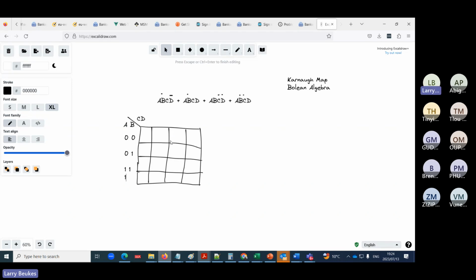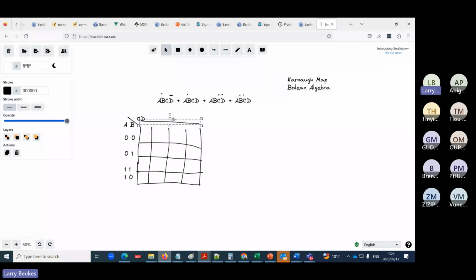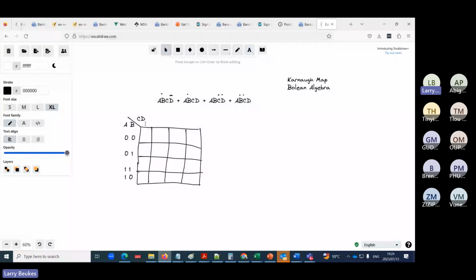So before you start, before you even draw the Karnaugh map, you're going to do it the same way you did the sigma notation, right? So wherever you see a bar, let's say this bar is on B, you're going to put a 0. No bar, it means it's a high, you're going to put a 1.